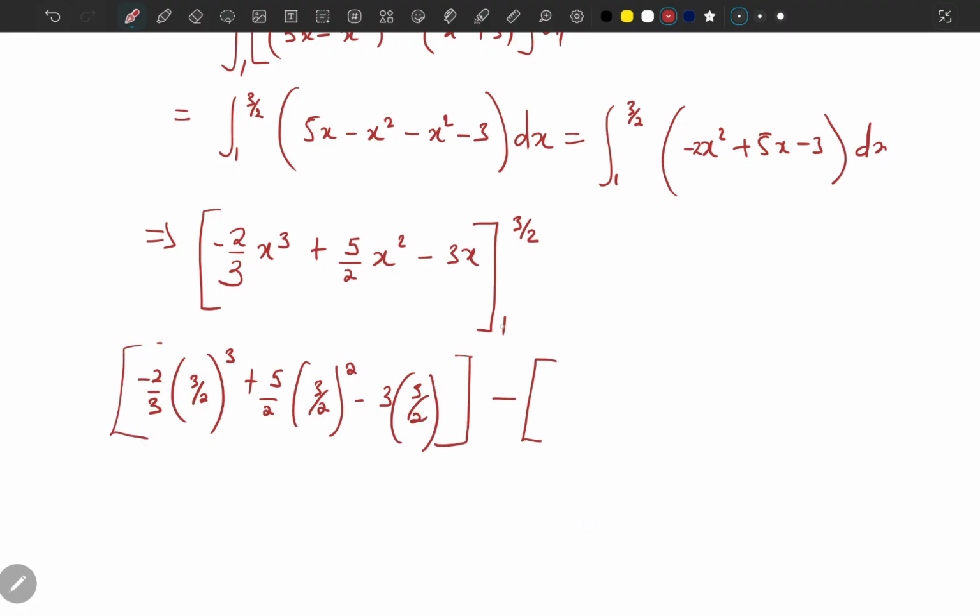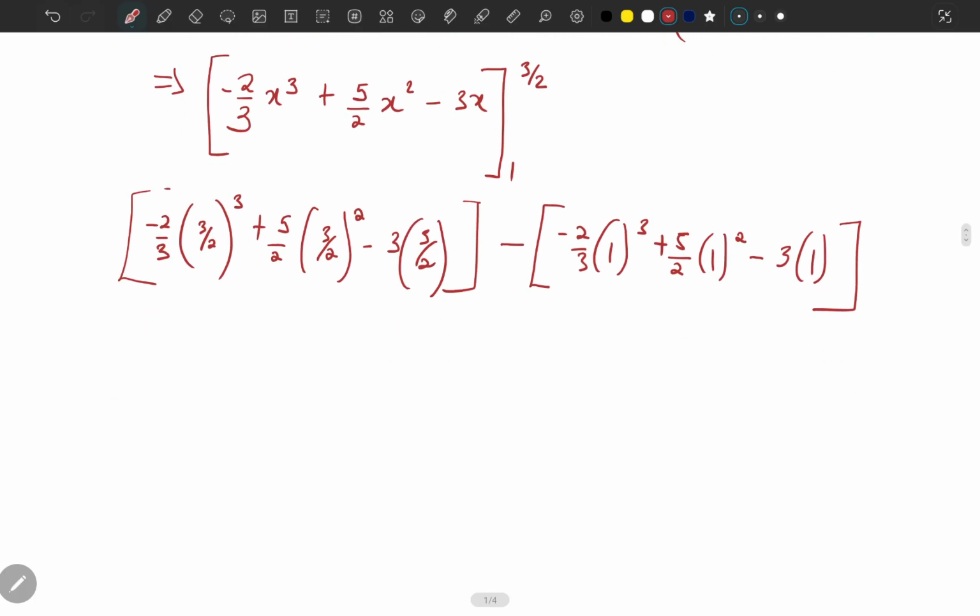Minus, you put 1: -2/3, 1 cubed, plus 5/2, 1 squared, minus 3, 1, close. Once you reach this stage, you can cube everything. Your aim is just to cube everything. If you cube this, of course, if you want me to work out for you properly, I can do that. So 2/3.